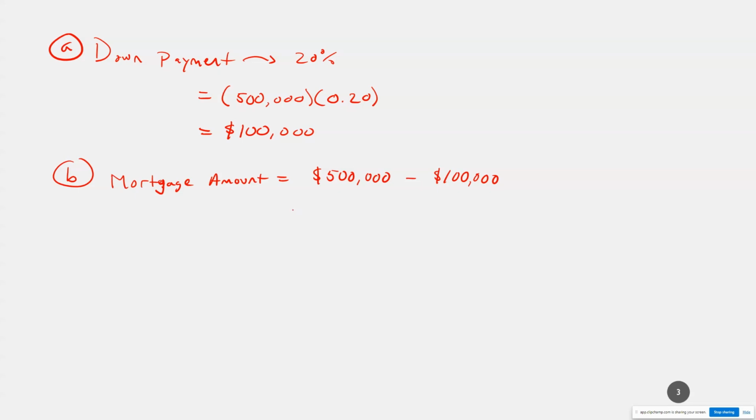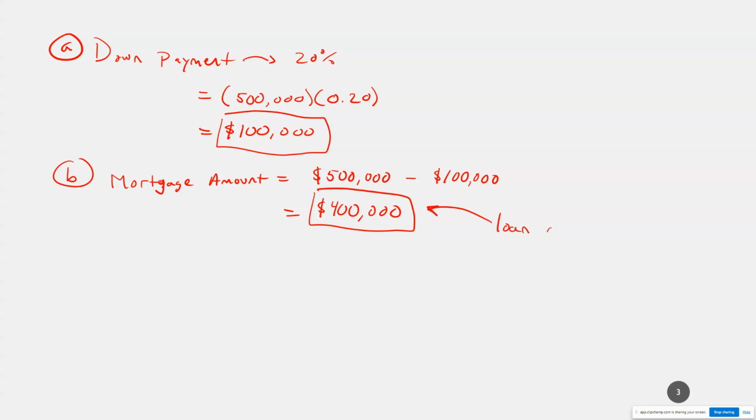So we're already paying off $100,000 of the house. That means what we're going to borrow from the bank is $400,000. Our down payment was $100,000, and this is how much we're going to borrow. Another way to think about it, this is how much the loan is for. So this is the loan amount.